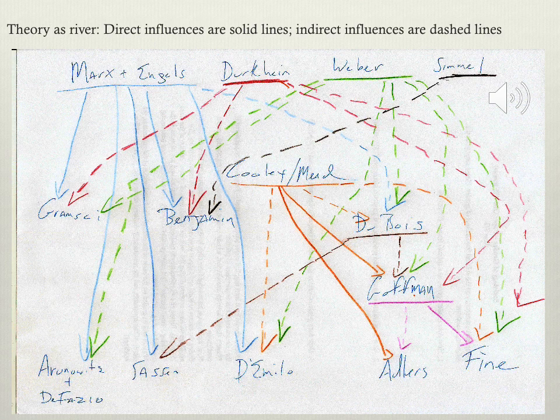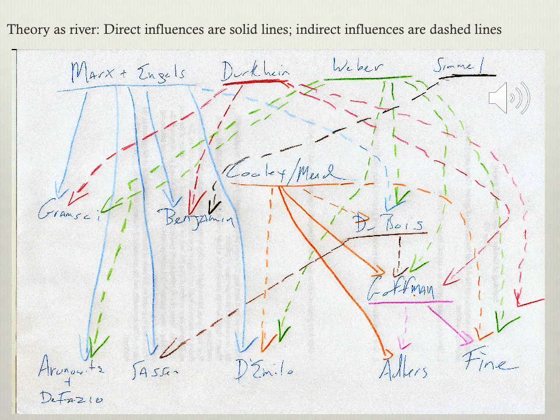And then look at Cooley and Mead. They're in the middle there, and they're not directly or indirectly influenced by anybody. None of the classical theorists are connected to Cooley and Mead because, again, Cooley and Mead were starting their own thing. They were rejecting the classical macro-oriented structural focus theory and started their own theories.